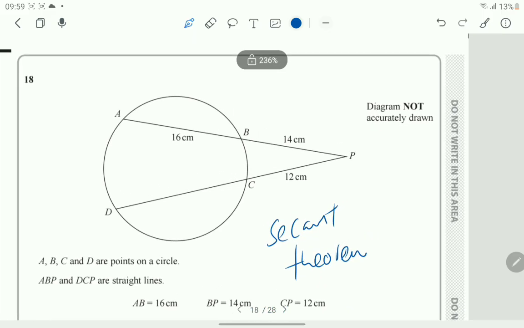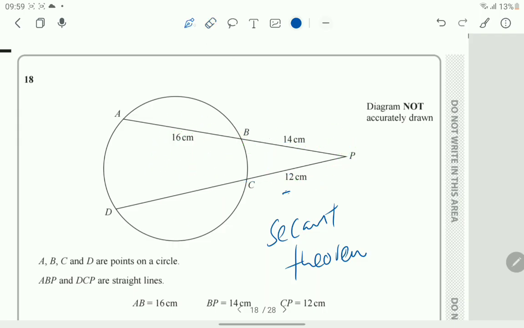So basically what I'm trying to imply is that this multiplied with this and this multiplied with this should have equal results. The answer should be the same.